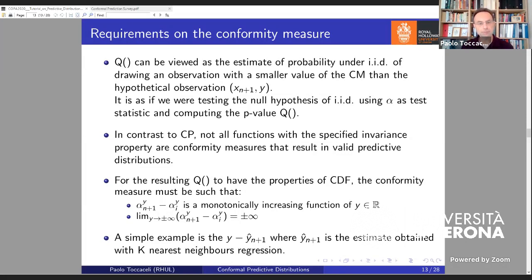And the limits of this difference for y that tends to plus infinity and minus infinity are respectively plus infinity and minus infinity. Not all choices for capital A result in these properties. One very simple case in which this happens is when I define as function capital A the difference between y and y hat with n+1, where y hat is the estimate obtained with k nearest neighbor regression.